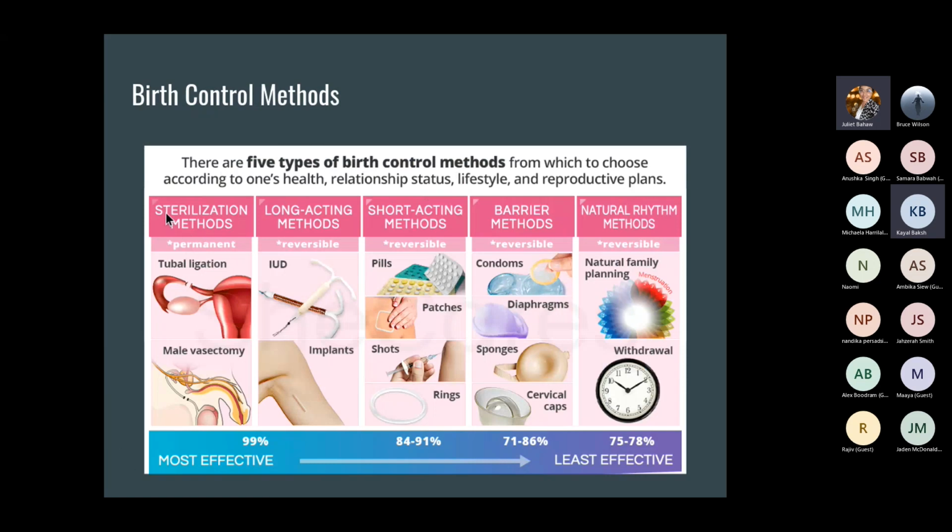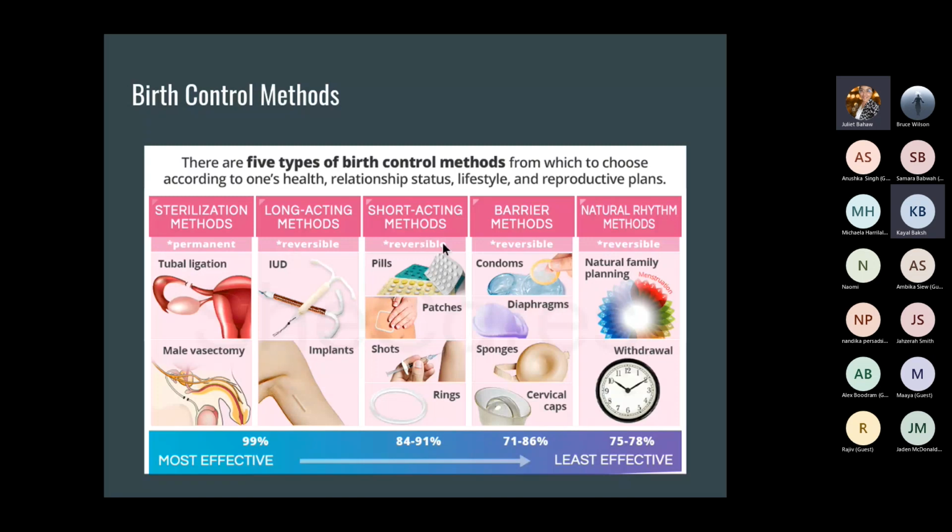When you become sterilized, you're no longer able to have any children. Long-acting methods are reversible, but once you have them, they last for long. Short-acting methods are like emergency methods in case you have a pregnancy scare.